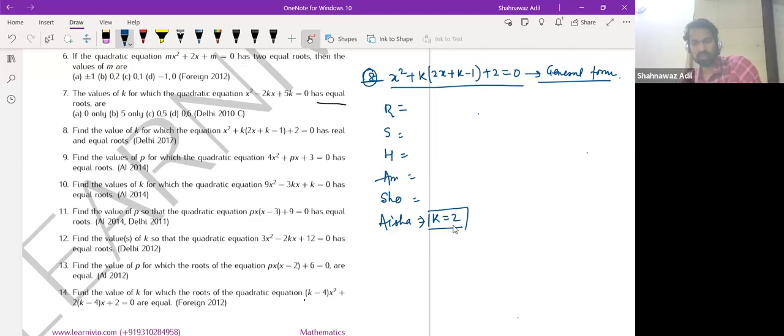In the meanwhile, I can upload Shaima's paper. So Hashid is getting K as minus 2. One of you, Hashid or Aisha, please check your side.